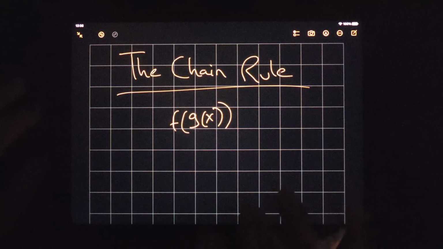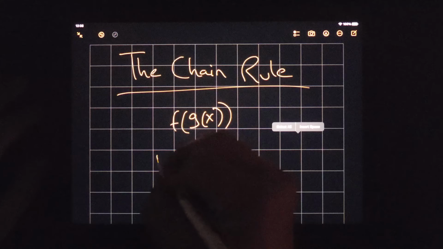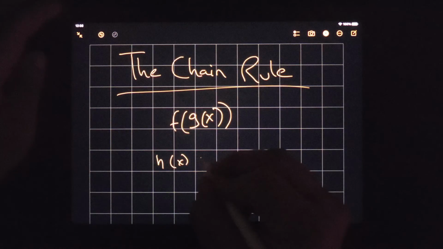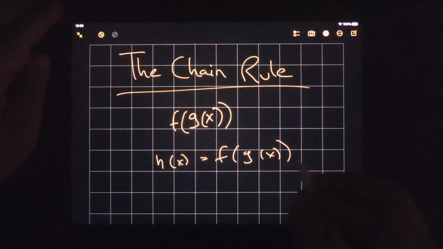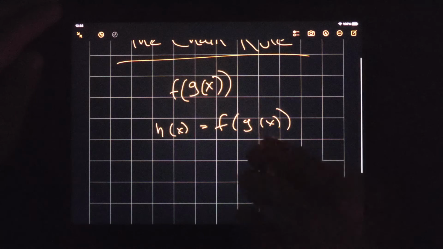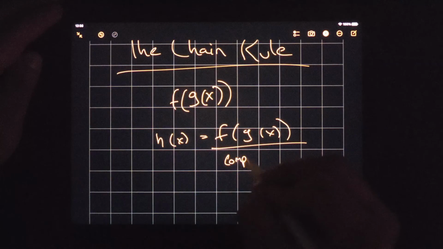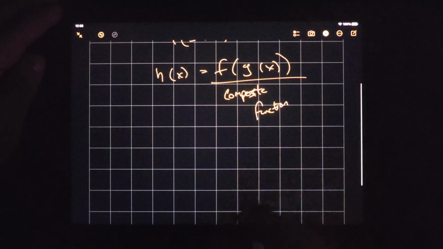So our composite function h of x is equal to f of g of x. We can say that this is our composite function.